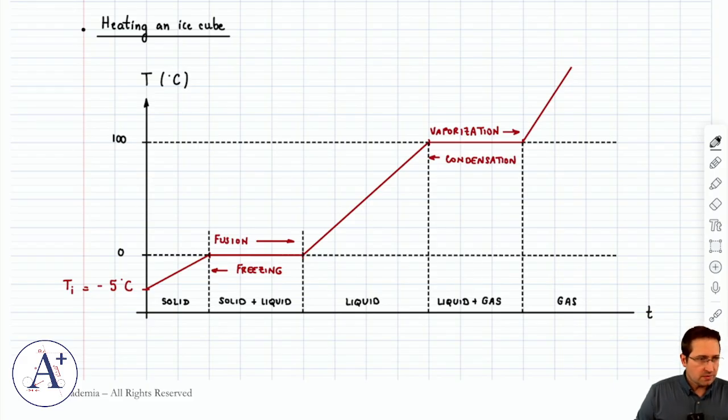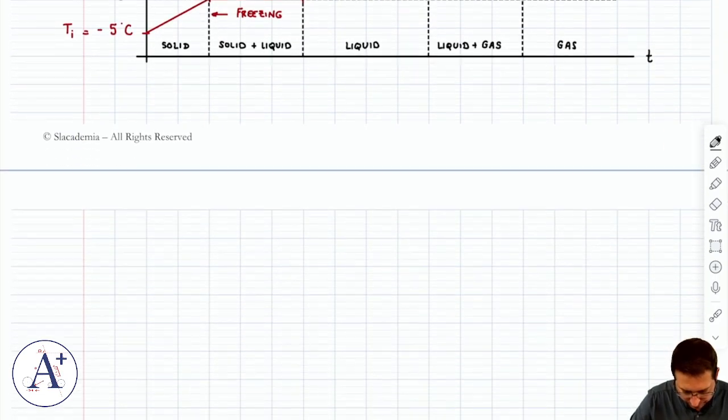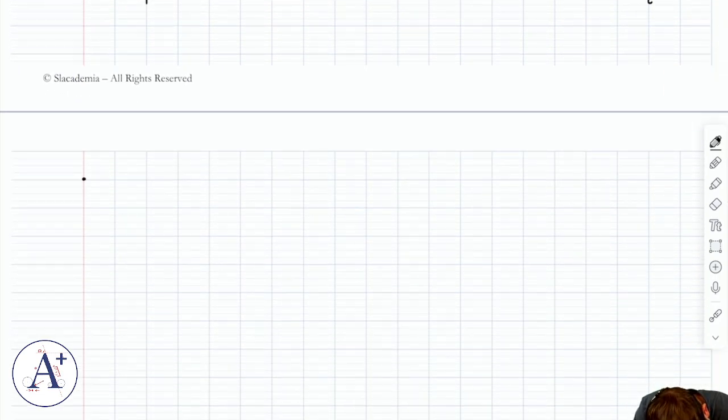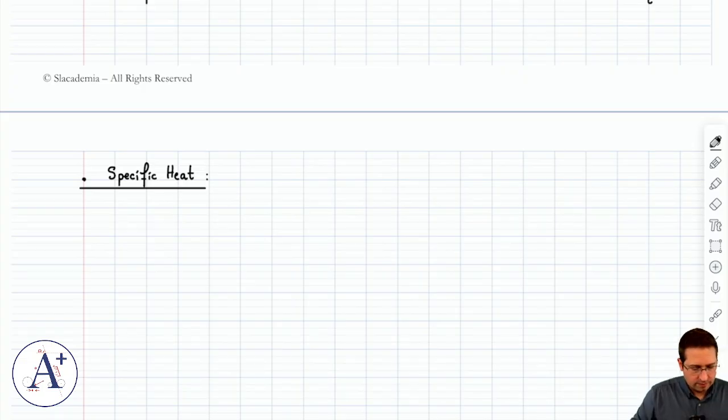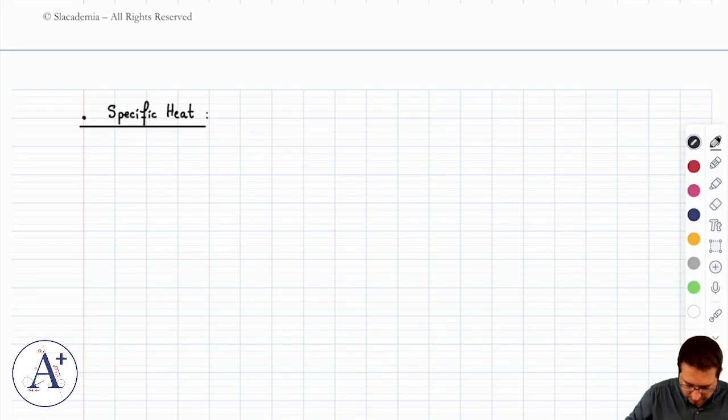So let's come down here and introduce the idea of specific heat, and then we'll talk about latent heat. Okay. Now, what is specific heat?